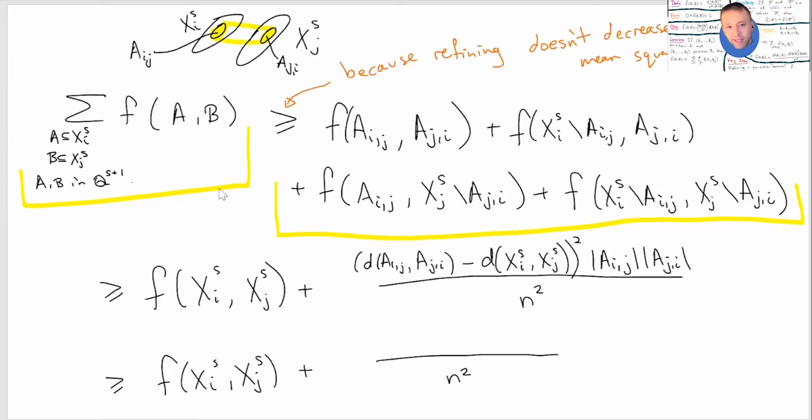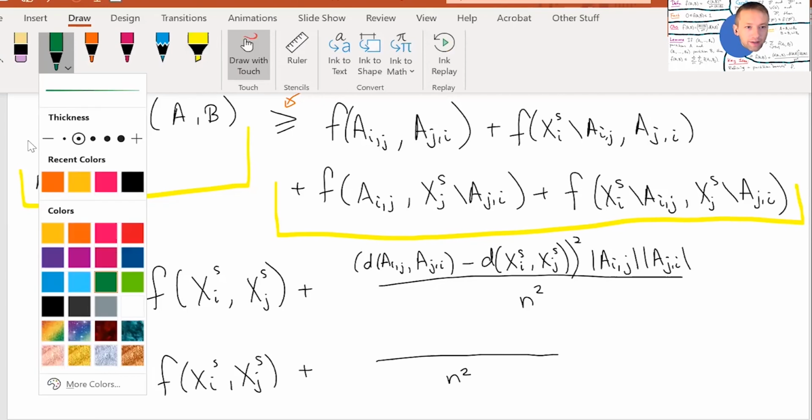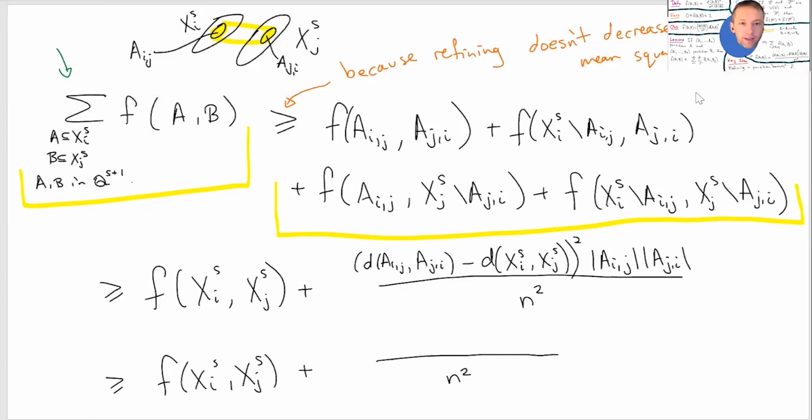The reason is that here I'm summing over a partition on this side, and here I'm summing over a much simpler partition. Each of these things gets partitioned into two sets, and this one is finer.